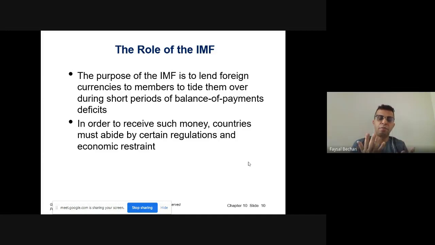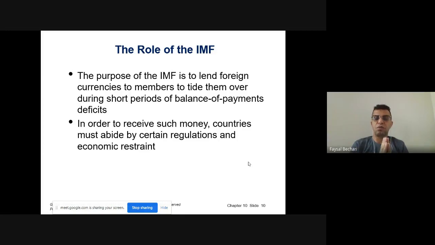There is a balance of payment deficit. So the IMF gives them, in the short term, some money, foreign currencies, to balance that. Because if they don't have money to pay, it's very hard for them to import. So the IMF comes and lends to them so they can import.